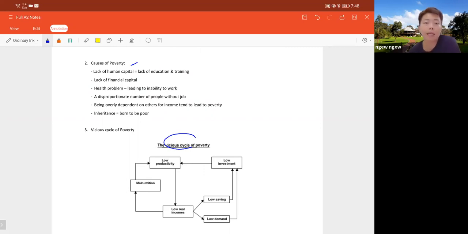Your human capital, like labor and enterprise, is of poor qualifications due to lack of education. When you have lack of human capital, it will lead to lower productivity, okay? And some countries are poor because they lack financial capital. Therefore, we have the World Bank serving as an organization that offers funds for them to develop their countries.